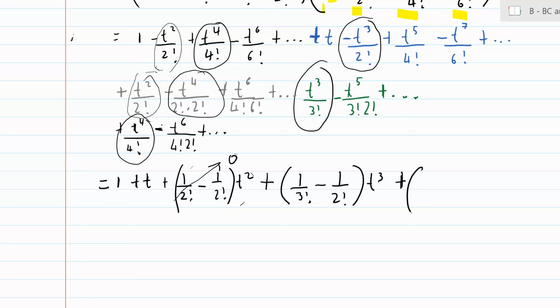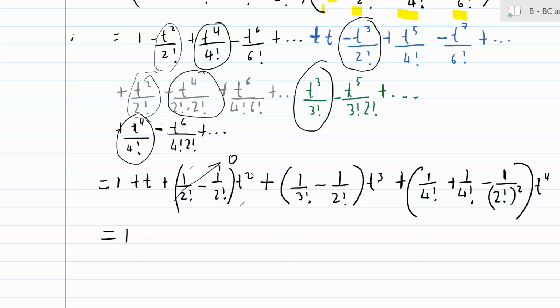So we're going to say 1 over 4 factorial plus 1 over 4 factorial again minus 1 over 2 factorial squared, because we have 2 factorial twice here. And the coefficient is t to the 4. So now what we have is just simplification of this.